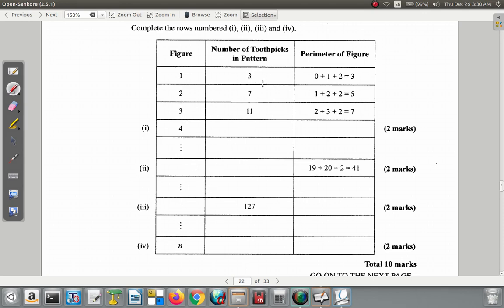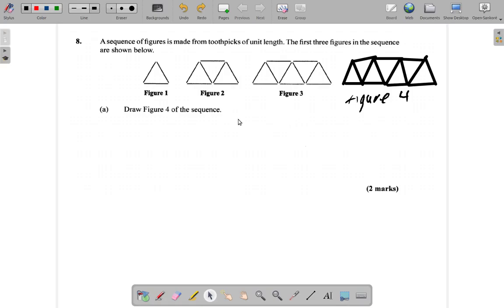Number of toothpicks in the pattern: 3, 7, 11. Let's just look at it, verify. 1, 2, 3. 1, 2, 3, 4, 5, 6, 7. Good. 1, 2, 3, 4, 5, 6, 7, 8, 9, 10, 11.